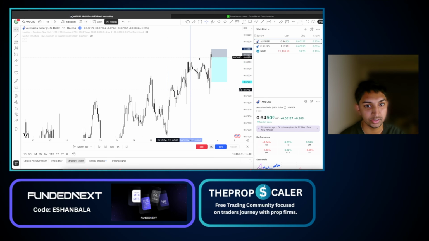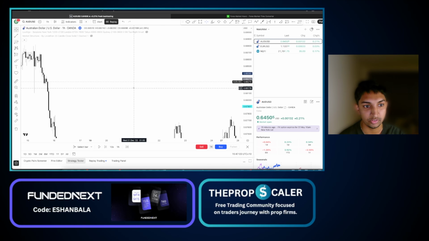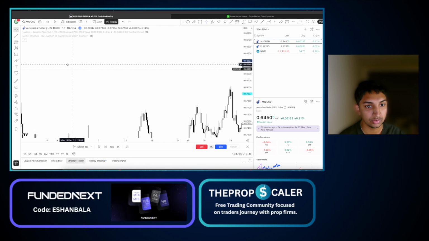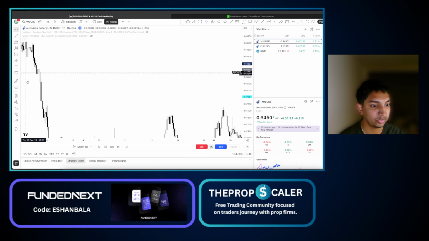That's kind of the strategy there, but I want to see some sort of rejection or a supply zone in this case. So over here, you can see some supply is there. So you drag that supply zone here.